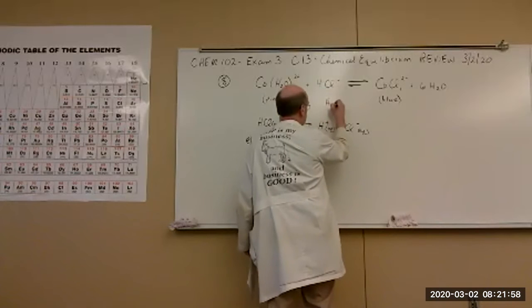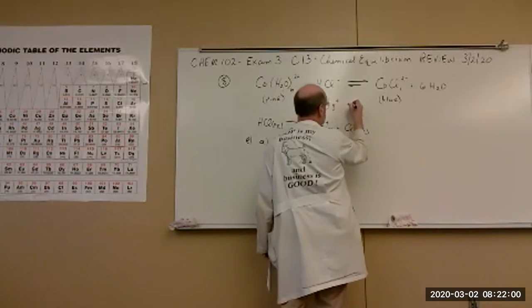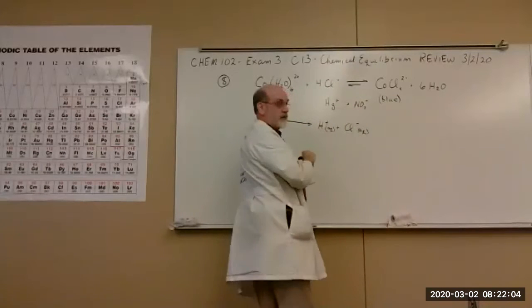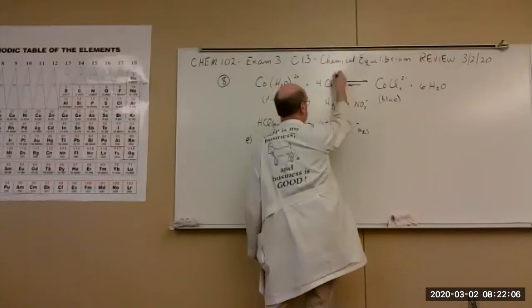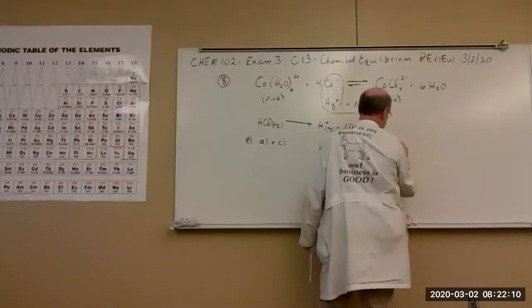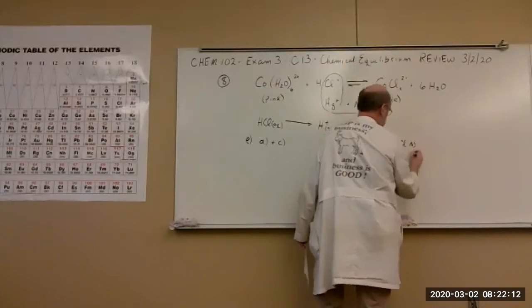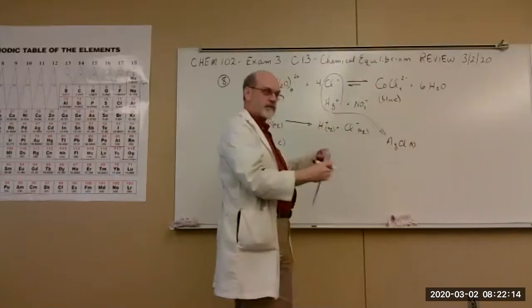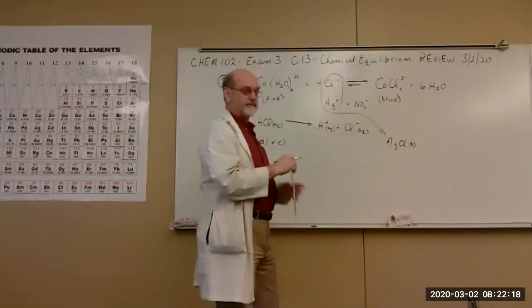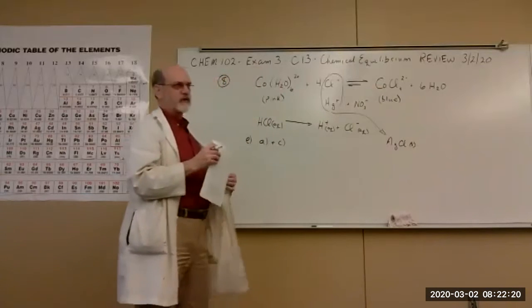If you have silver ions, usually introduced with nitrate, silver nitrate, this silver and chloride would form a solid. Remove it from the reaction mixture, and then that would drive it back in this direction. That's called a coupled reaction.